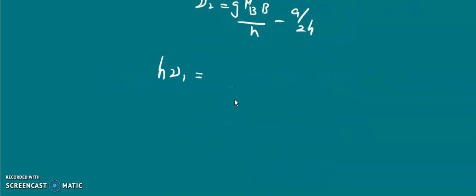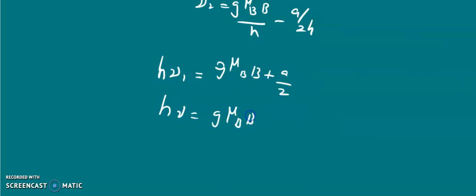So we have two lines in the ESR spectrum of the hydrogen atom, which is due to the hyperfine structure. h nu 1 is equal to g mu B plus A by 2, and h nu 2 is equal to g mu B minus A by 2. So those lines are separated by an energy equal to A. So the energy difference between these two lines is g mu B plus A by 2 minus g mu B minus A by 2.